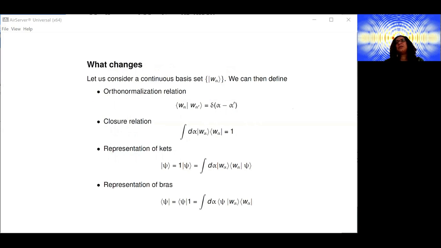They are assumed to be orthonormal, linearly independent, and to form a spanning set, which means they are a basis. And this alpha is a continuously varying parameter.